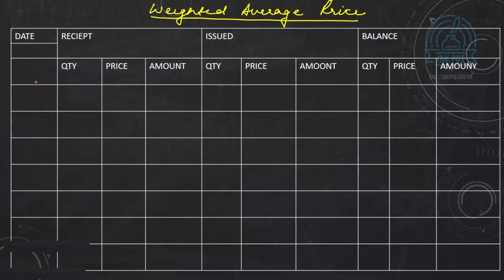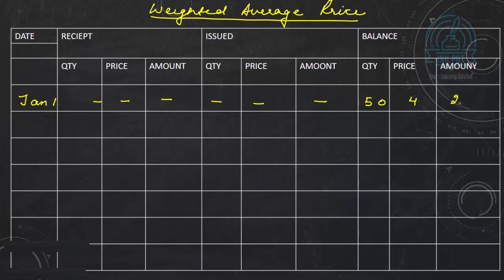So first of all, first entry is on Jan 1. No receipts, nothing is being issued, and yes, we have balance of 50 units at the rate of 4, that is 200, right?